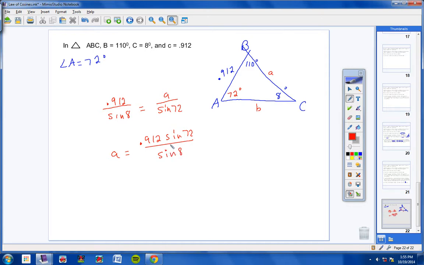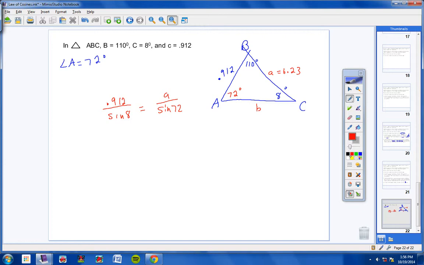Okay, so with my calculator real quick, let me type that in. 0.912 sine of 72, enter, divided by sine of 8, enter, and I'm getting 6.23. So A would be 6.23.